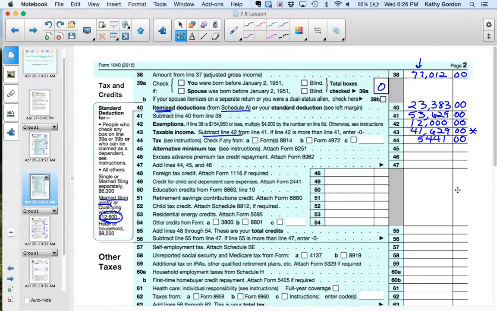We have no alternative minimum tax, and we have no excess advance premium tax credit payment. And so when we add all of that up, our tax responsibility is $5,441.